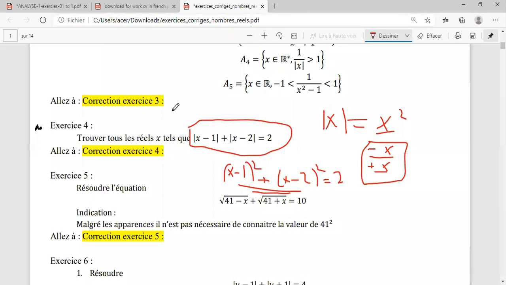I found x to be the square root of negative 3 over 2. Not of negative 3 over 2? Okay. That's a different answer.